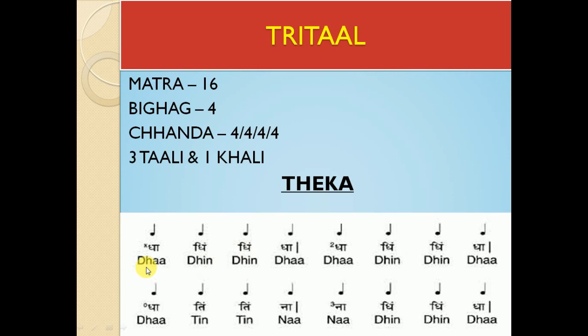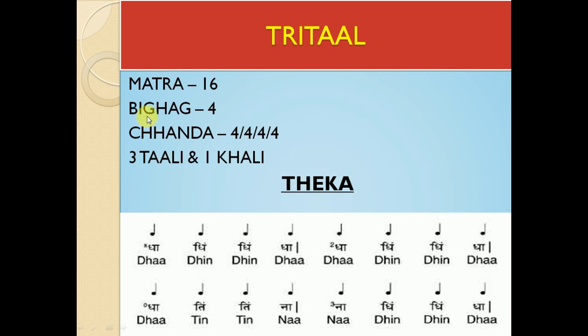Let us count here. 1, 2, 3, 4, 5, 6, 7, 8, 9, 10, 11, 12, 13, 14, 15, 16. So matra we have counted. Now you already know how to count matras. Just count the total number of bols you have in the theka.